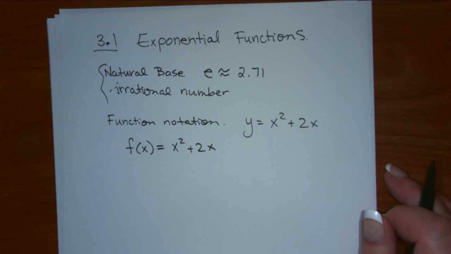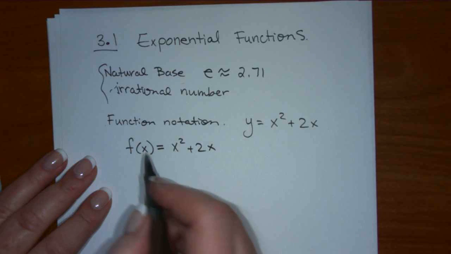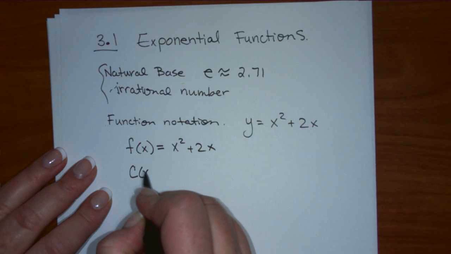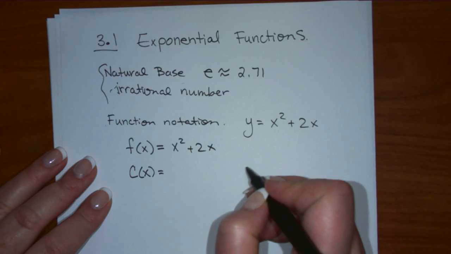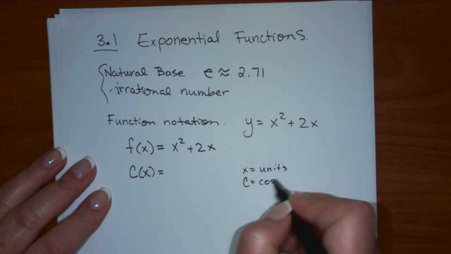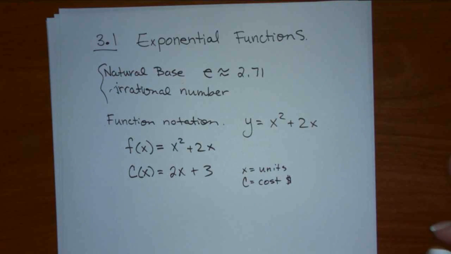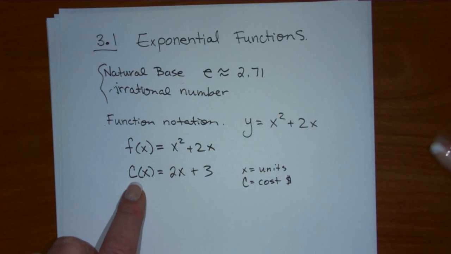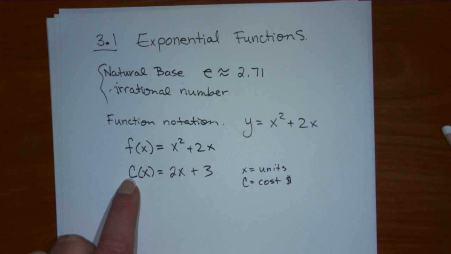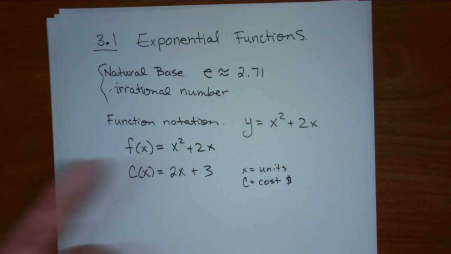The only reason they even have invented a function notation is because with word problems and things, it makes it easier. So if you were talking about a cost function, you might say the cost, where x is the number of units and c is the cost in dollars, say. Right? So this is saying, when you look at it, you say this is a cost function that has x's in it. And that's all it means, is that that's the letter that's going to appear over here.